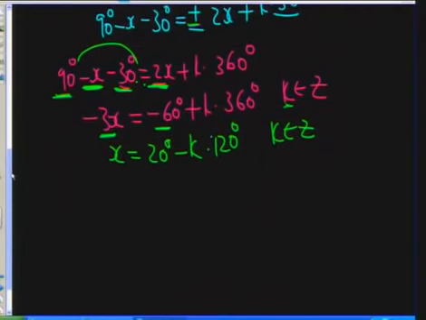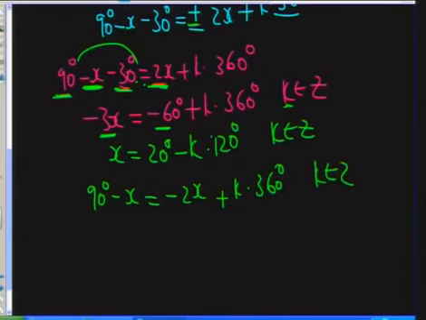You see, the one with the negative is 90 minus x equals minus 2x plus k times 360. K is an element of an integer also. What can I do in this case? I have minus 2x. I move this side, so you have minus x.